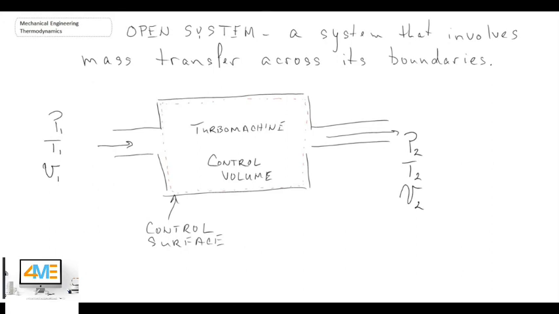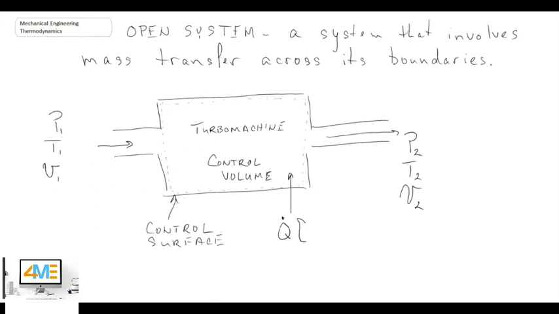The other thing that we can have here, just like with the fixed mass system where we had heat and work flowing across the boundary, is heat and work flowing across the control surface. We will denote it as a Q, but with an over dot, a dot above the Q, and that denotes a rate.